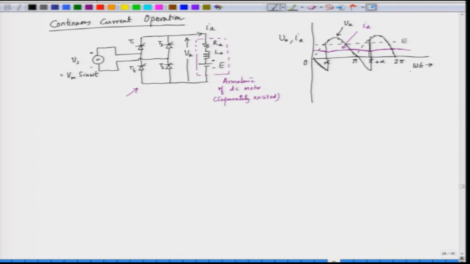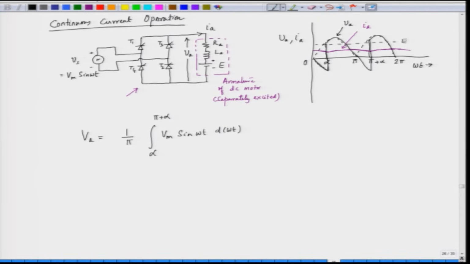Now, we have to find the average armature voltage, which is straightforward here because we have a continuous current. The average armature voltage can be evaluated by integrating for 1/2 cycle of the input voltage waveform, that is 1 by pi from alpha to pi plus alpha, V m sin omega t d omega t.